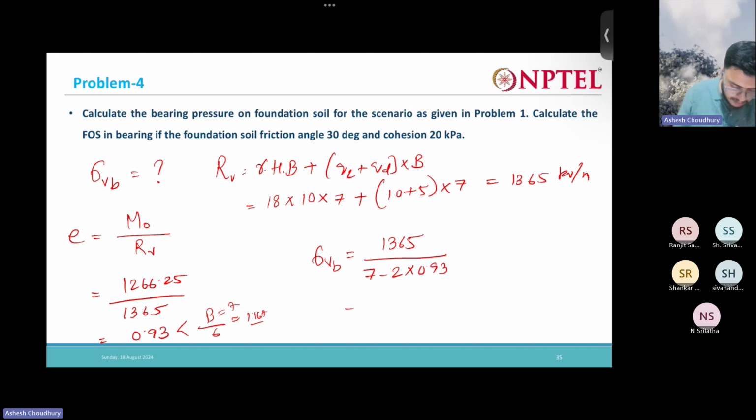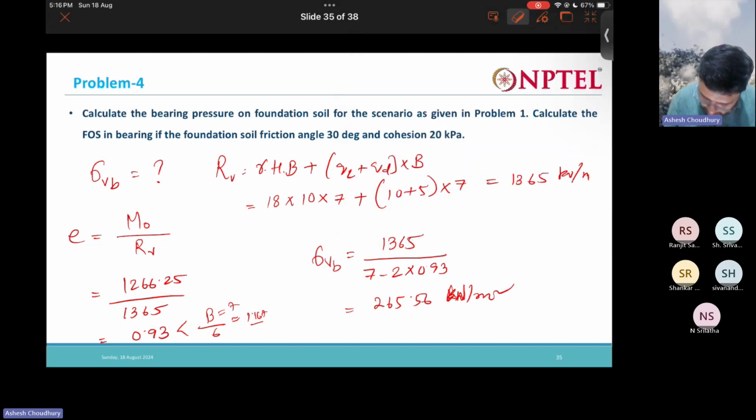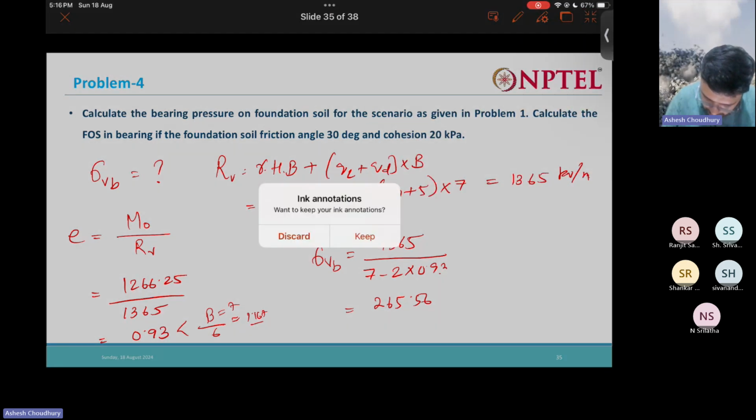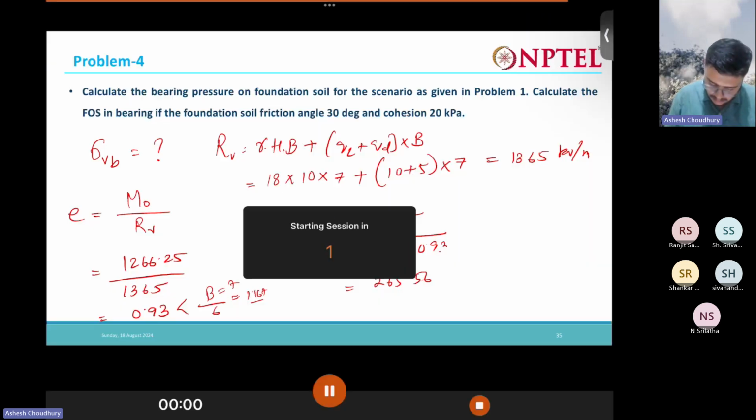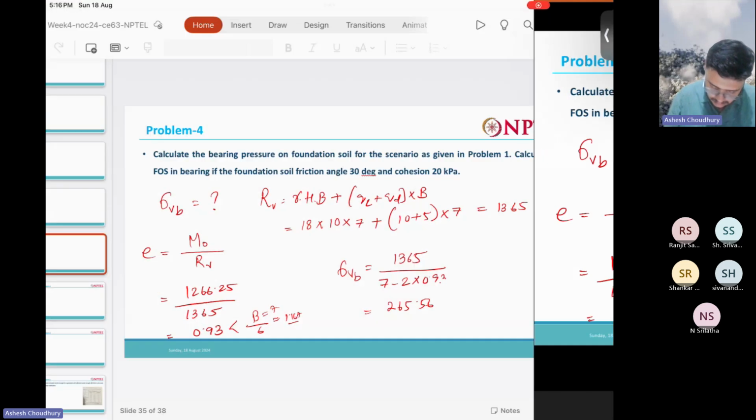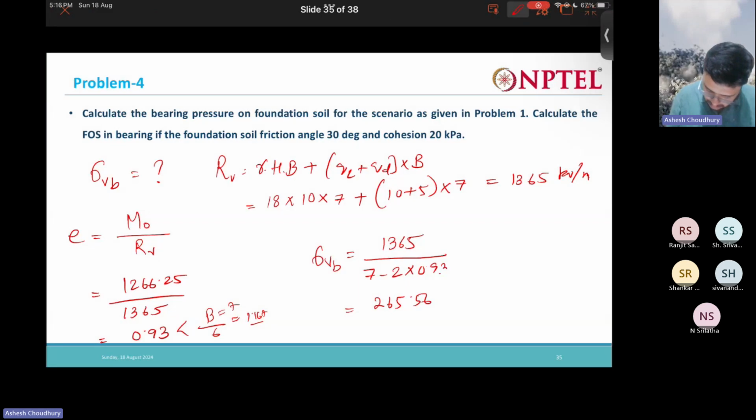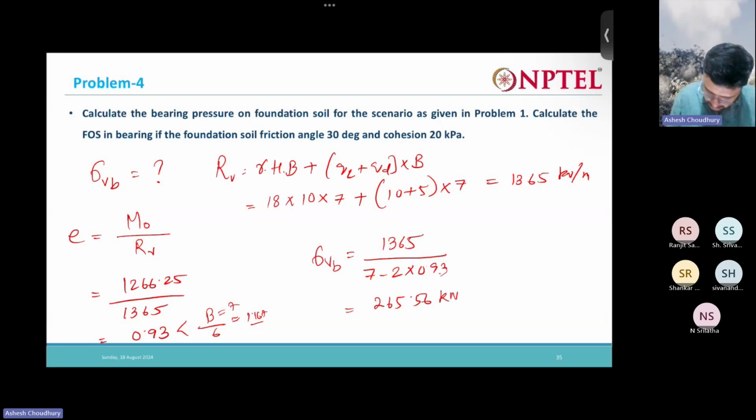So you get sigma VB as 265.56 kilonewton per meter square. Okay, so this much load is coming on the foundation soil. This much pressure is acting on the foundation soil.